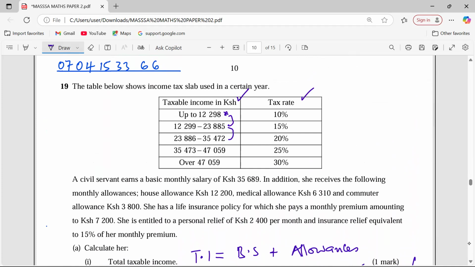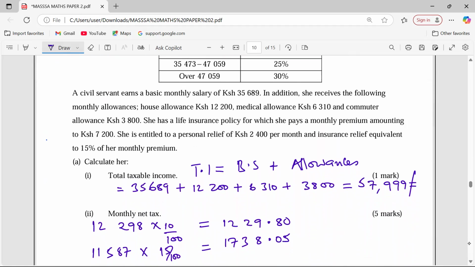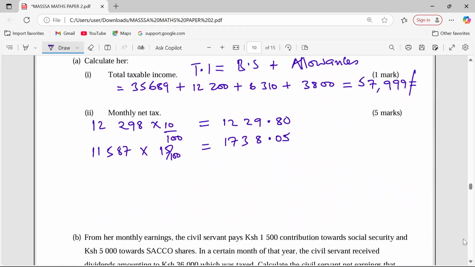In the next bracket, we need 35,472 minus the limit before, 23,885. This gives us 11,587 again at the rate of 20%. I should give a precaution here. Let learners never assume that all the limits are giving us the same amount of tax per bracket.